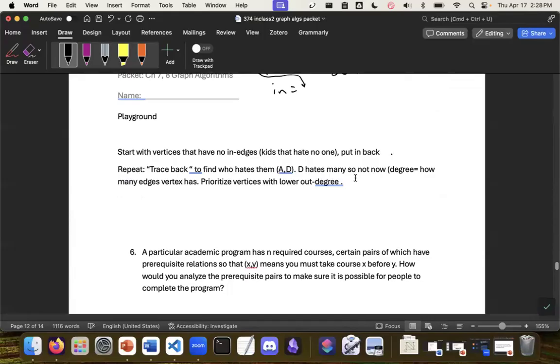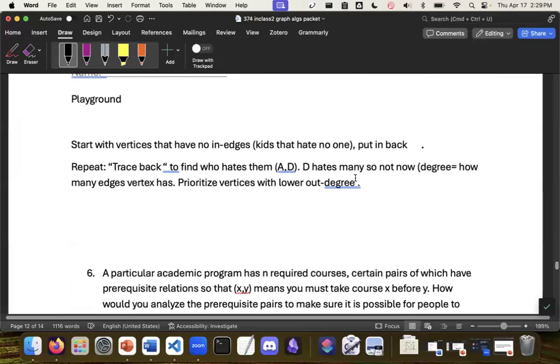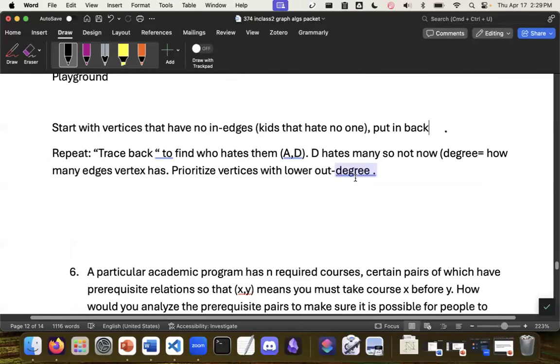So how do we keep track of that in our algorithm? So we started with vertices that didn't have any in edges.